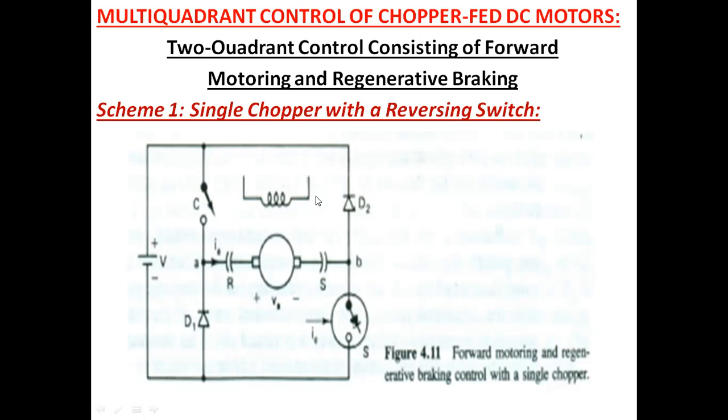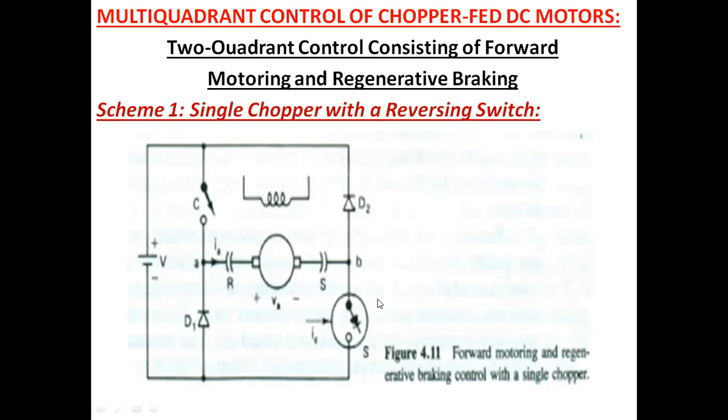So when C is opened, the current flows in this loop, the inductance gets charged, and the energy is stored in the inductance.